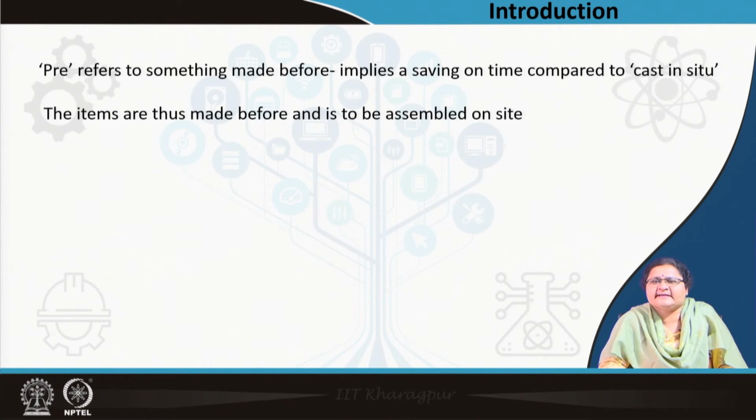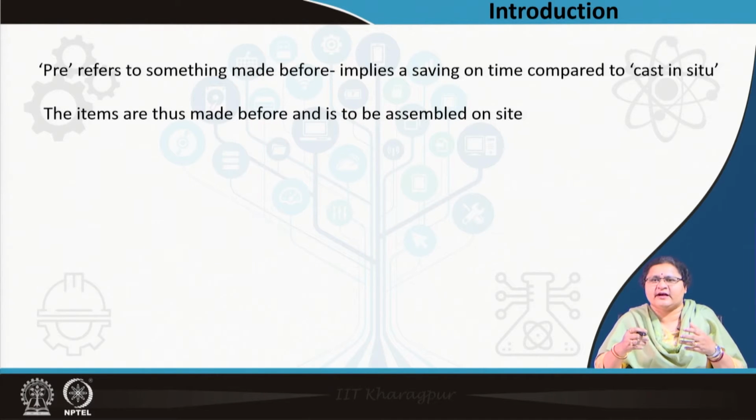So, when we talk of assembled on site, here we bring in the details how to assemble it. If it is floor, it will be something. If it is wall, it will be something. If it is beam column, it will be something else. So, this assembling is very important, and the point where it is getting assembled, there should be proper design of it, because one item can actually notch or get fixed with another item through the process of assembling.